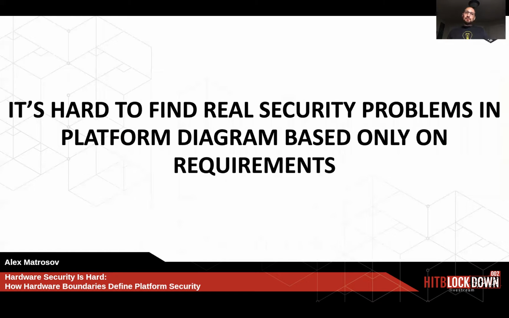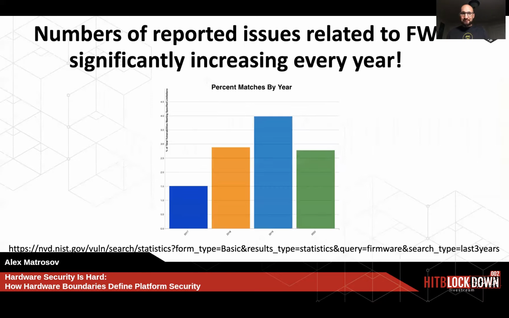And it's hard to find real security problems in the platform diagrams, based only on requirements.